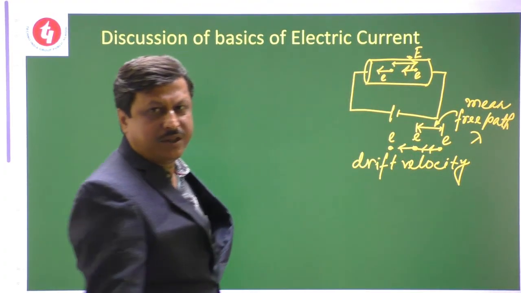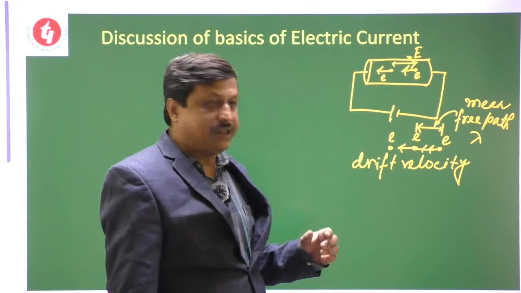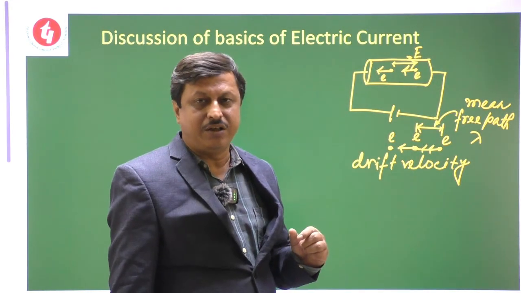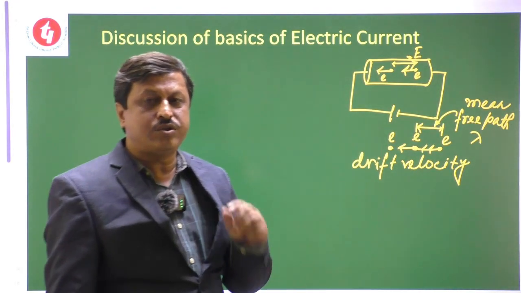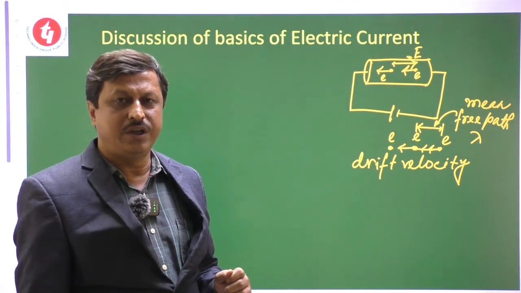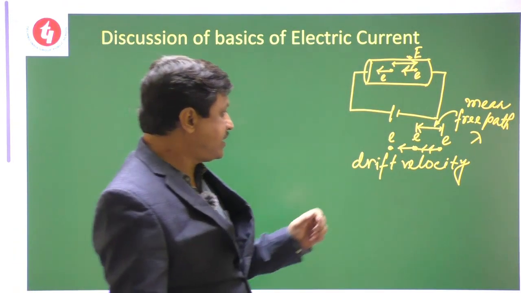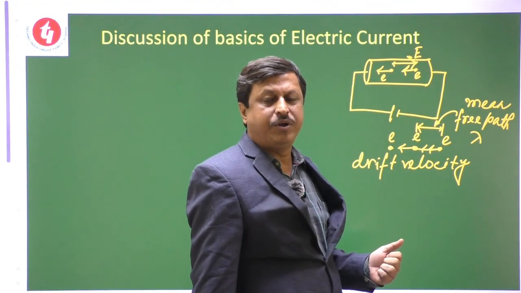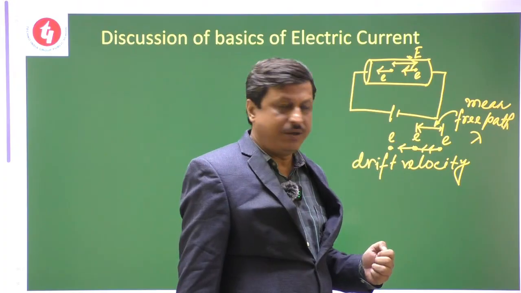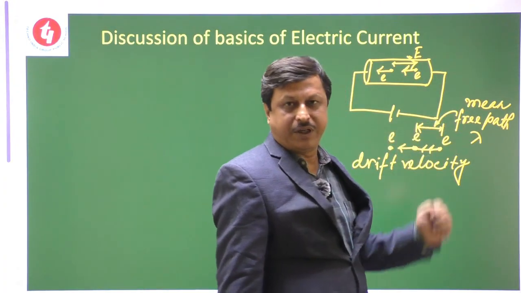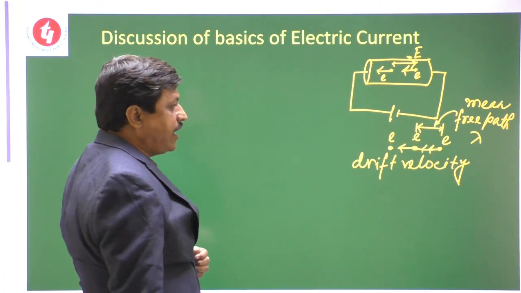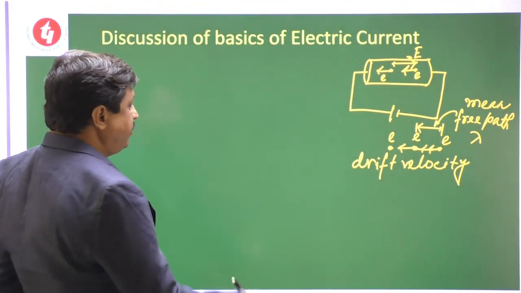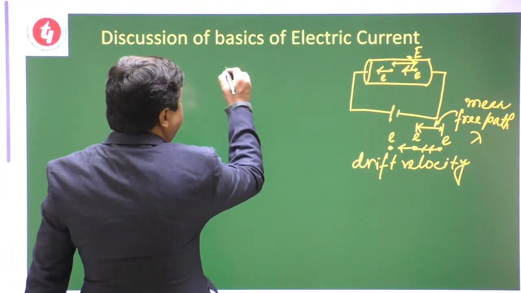What is mean free path? This is the separation between two successive collisions of electrons. Okay, this is the mean free path. And there is another term which is called relaxation time.